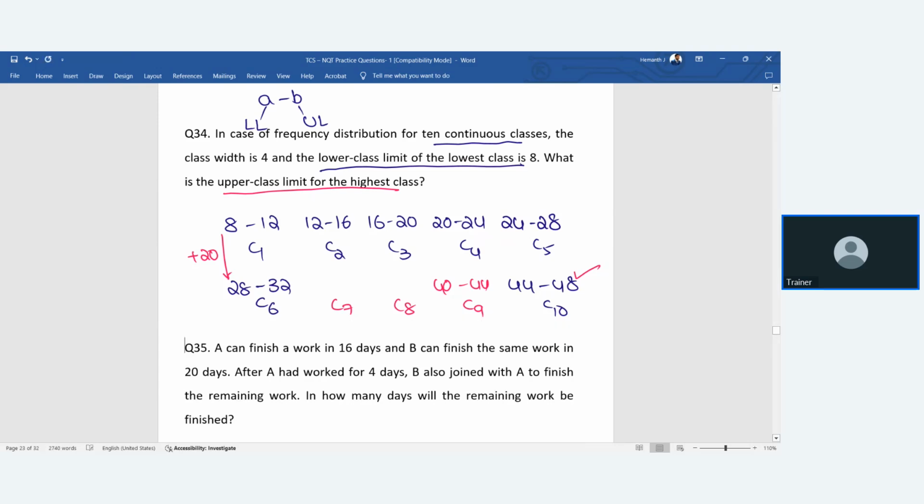Some people will say, sir, I'll apply arithmetic progression, it's your wish, but you can just map those things easily, adding 20 to each. So the answer is 48.